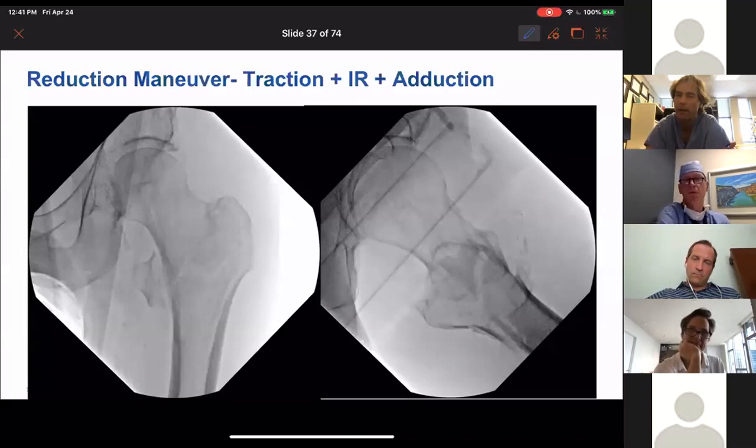But if I wanted, assuming it's all moving together and the posterior aspect of the greater is moving with it, I would want a slightly more internally rotated view so that I would know exactly where on the greater I should start to be central with the neck and shaft. How about you? Same thing. I think we have pounded for years on where your start point should be on the AP.